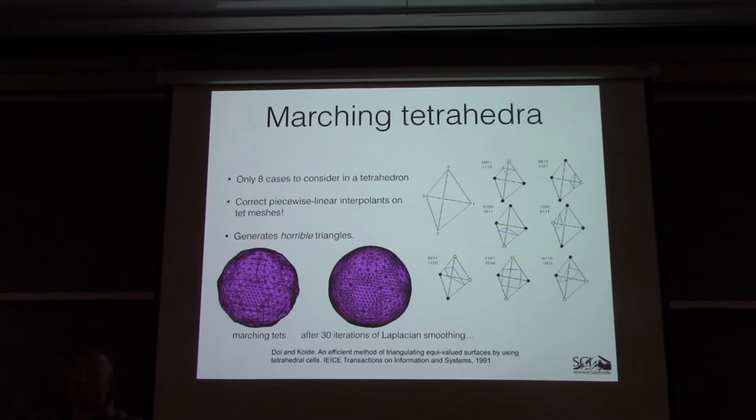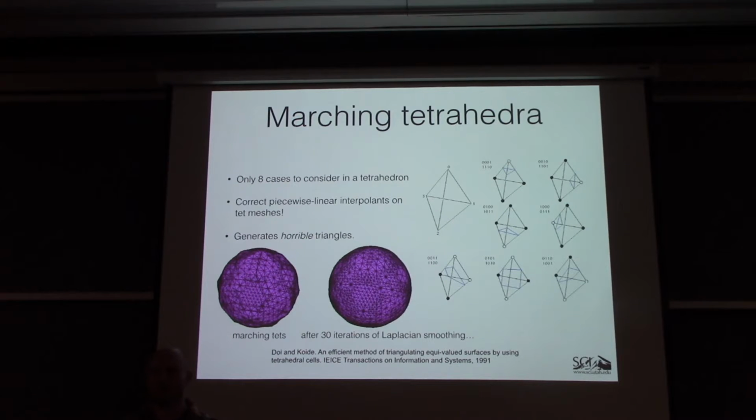But now, 30 years after the marching cubes paper came out, and maybe less than that for marching tetrahedra, I'd say marching tets has made a comeback, and is being implemented in some ways more frequently than marching cubes.